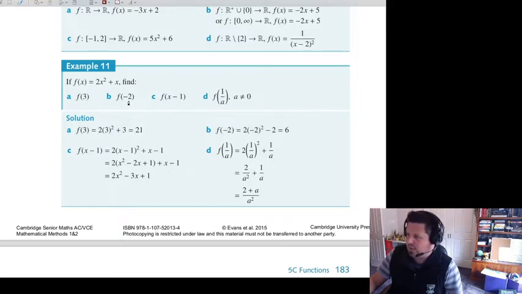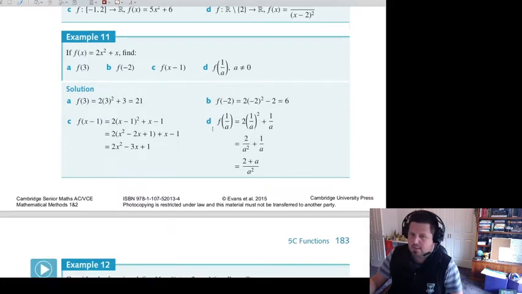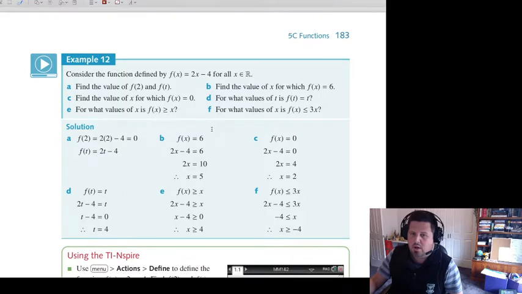Likewise, this one, plugging in -2 into the equation, we're evaluating it. Wherever you see the x, we're going to substitute in x take away 1. Simplifying things down, check. This one, we've got f of 1 over a, plug that in wherever you see the x in the equation, and simplify things down.